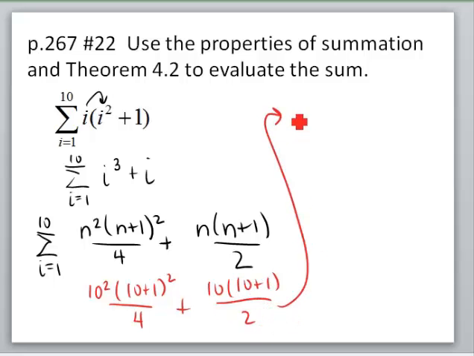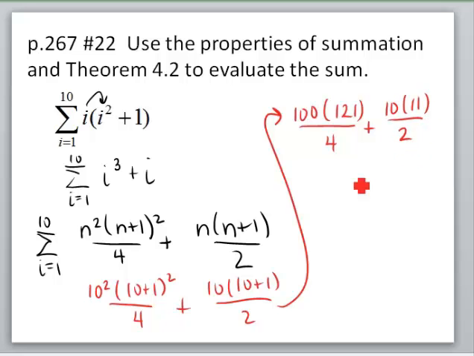So I have 100 times 11 squared, which is 121, all over 4, plus 10 times 11 all over 2. This first fraction, when you use your calculator, will give you 3,025, plus 110 divided by 2, which is 55, for a total sum of 3,080.